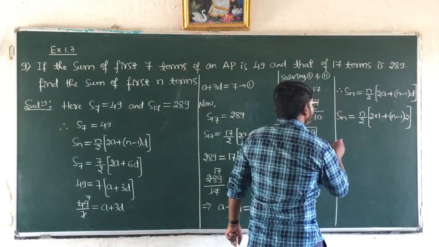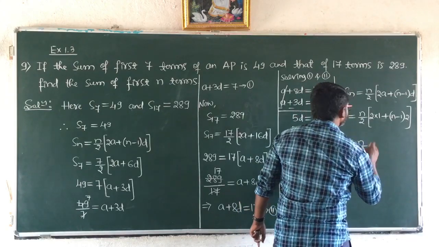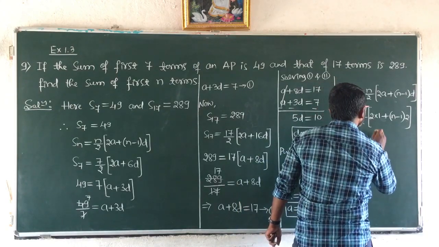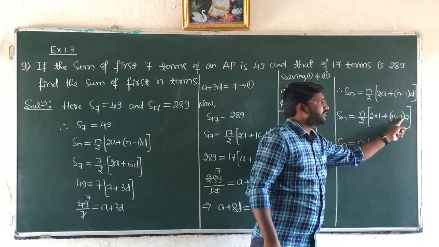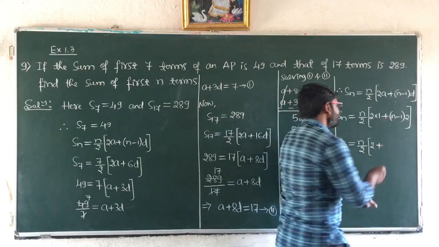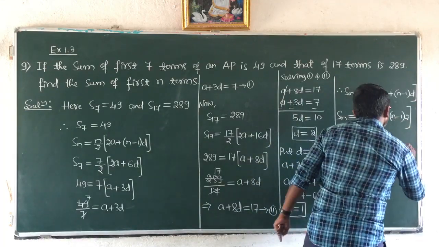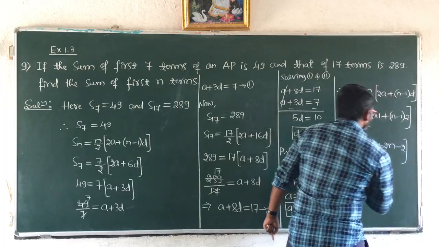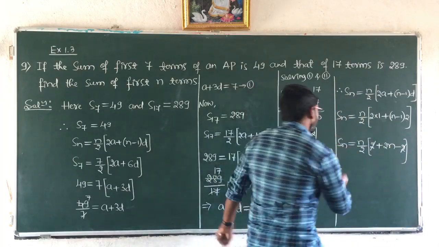So now see here, S_n is equal to n by 2, inside the bracket 2 into 1 is 2 plus, now multiply 2 with these two terms, 2 into n is 2n, then 2 into minus 1 is minus 2. So now plus 2 and minus 2 get cancelled, then we are left with 2n.